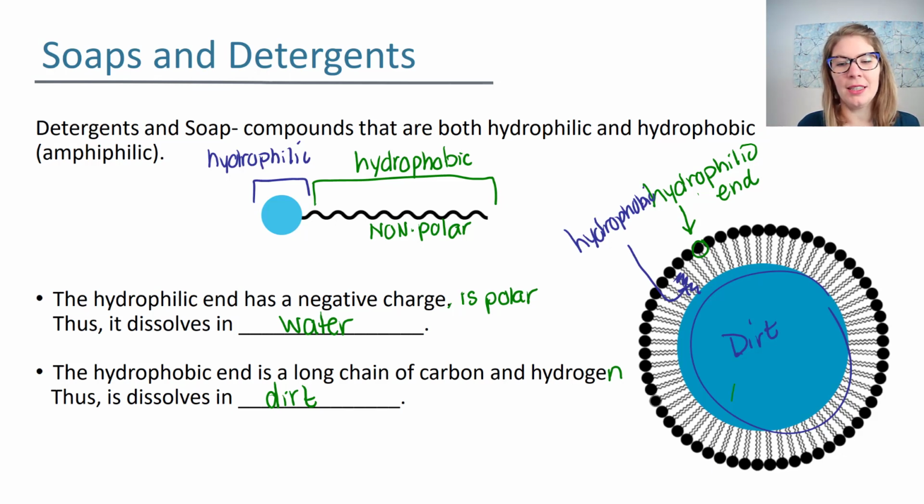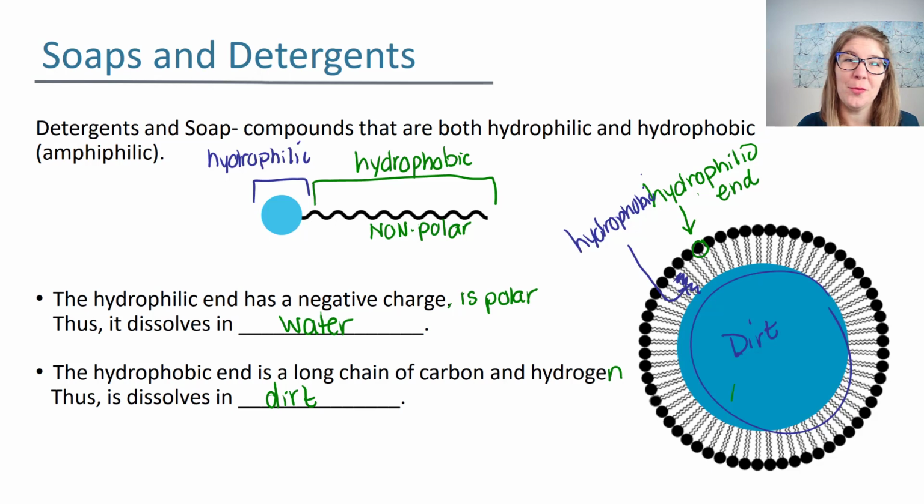And so what happens is the hydrophobic end attaches itself to the dirt because they're soluble in each other. And then it creates this sphere where there's the hydrophilic end all on the outside of the sphere. And because the hydrophilic end is all on the outside of the sphere, it can be carried away by the water. And that's why soaps and detergents work.